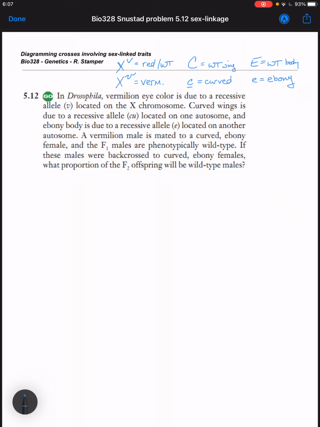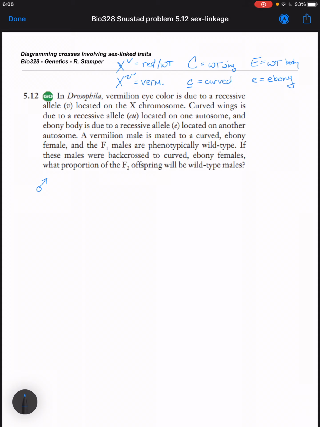They then go on to tell me that I'm starting with a vermilion male, and this throws people a lot of times. When they tell me something about a fly, they're only going to tell me about the mutations that are observable. So remember that this fly has thousands of genes, and we're not talking about all of those. We're not getting a complete genotype here. They're only telling me about the mutant.